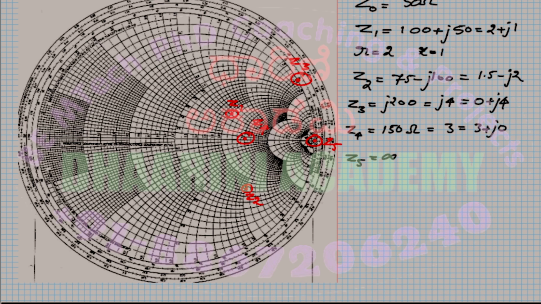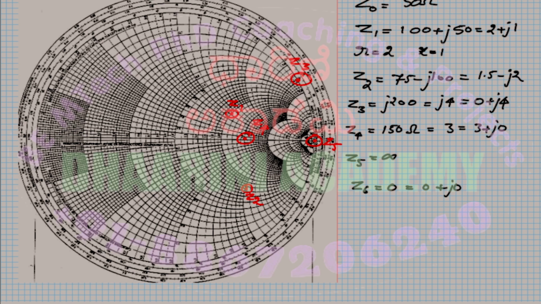Okay, let's move further. I also want to mark the point Z6, which is 0, a short circuit. I can write this as 0 plus J0. So it is the intersection of the R equal to 0 circle with X equal to 0.